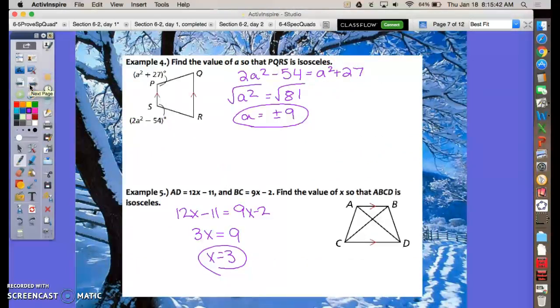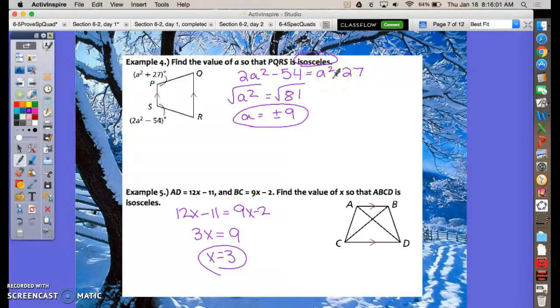Next one, if again we are given a trapezoid, and in the picture you don't see that it's isosceles, but they tell you that it's isosceles. So again, the base angles are the same; they are congruent to each other. So we can set them equal. Solve.